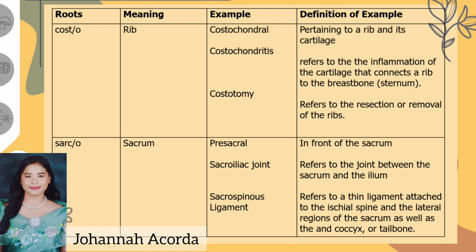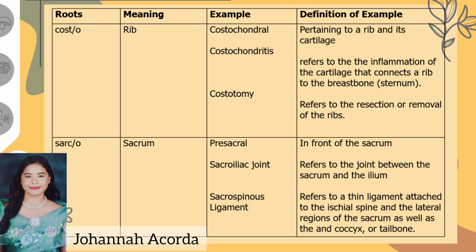It is a synovial joint, which means it contains a fluid-filled cavity that allows for limited movement. The sacroiliac joint's primary function is to provide stability and transmit forces between the spine and the pelvis, allowing for activities such as walking and standing.